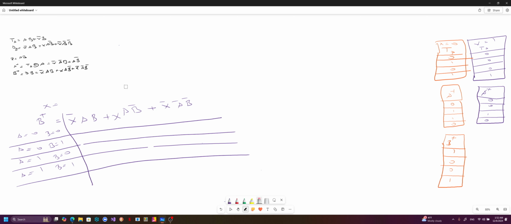This will now say it is x equals to 1. So x equals to 1, x naught equals to 0, a is 0, b is 0, plus 1, 0, 1, plus 1, 1, and 1.